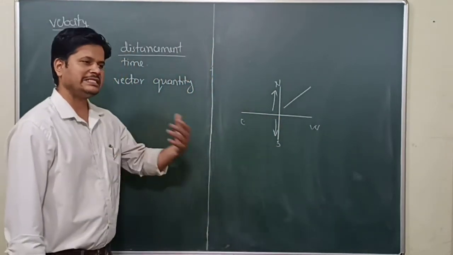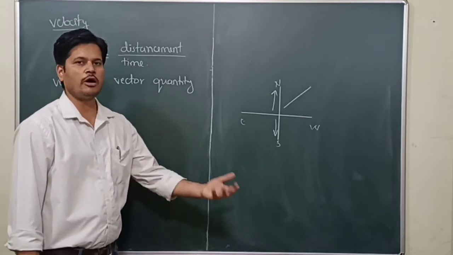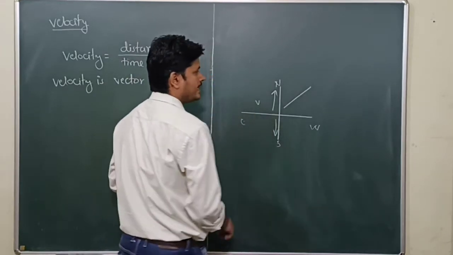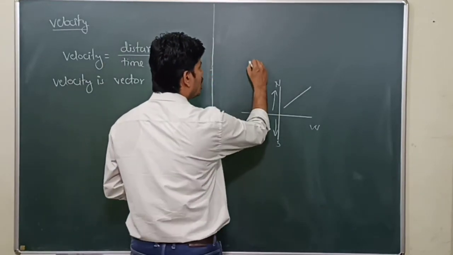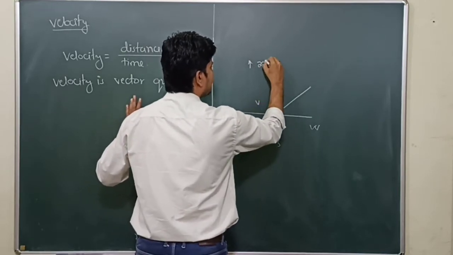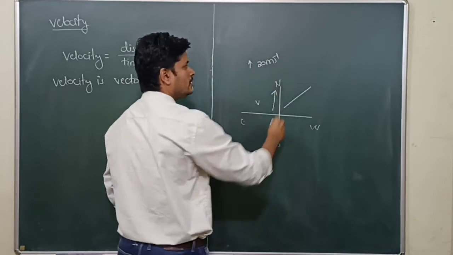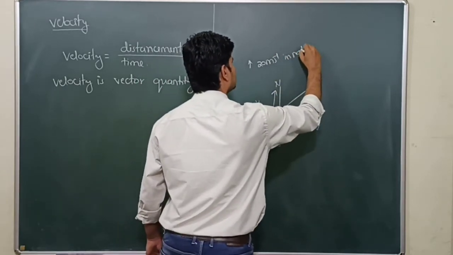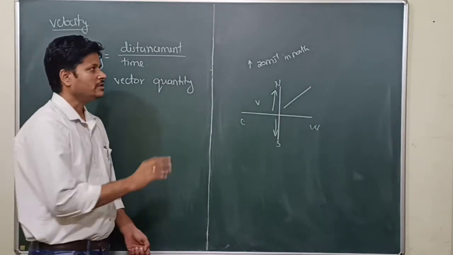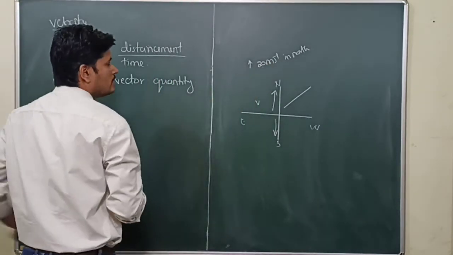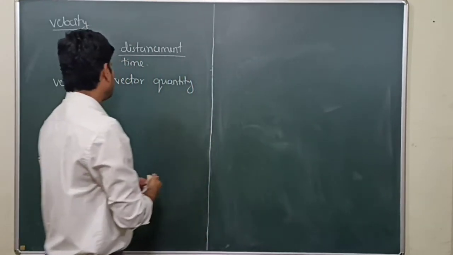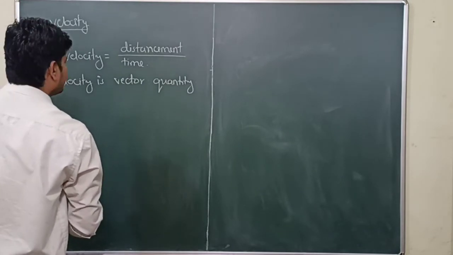Like that we can say the direction of the moving object along with the velocity. The object is moving north with a velocity of 20 meter per second in north. Along with the direction we can say the velocity of the object. Remember, this is a vector quantity.